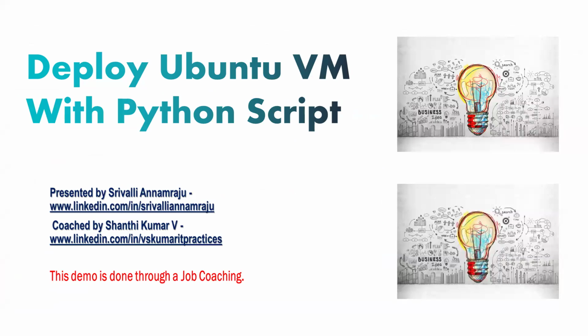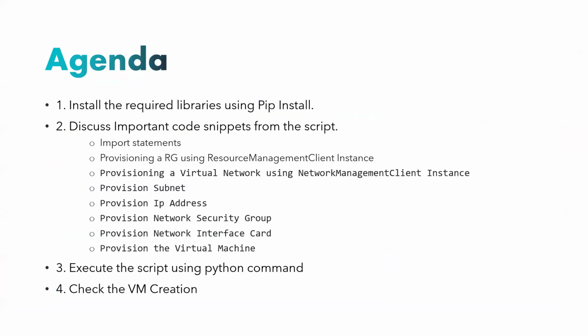It's an Ubuntu VM with a Python script. The agenda is to install the required libraries using pip install, and then take a look at the code snippets, discussing important code snippets from the script: import statements, resource group creation using the resource management client library, virtual network, subnet creation, IP address, network security group, network interface card, and virtual machine creation.